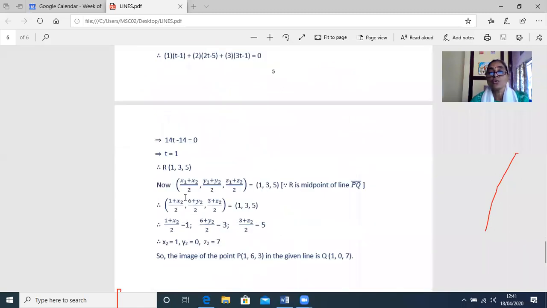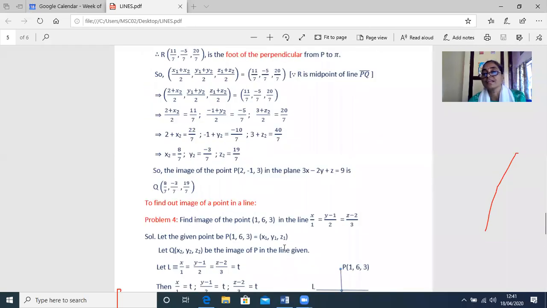Now you have point R, and R is the midpoint of the line PQ. So I wrote the midpoint formula and by equating the corresponding coordinates, I got x2, y2, z2, where x2, y2, z2 is the image of the given point P.